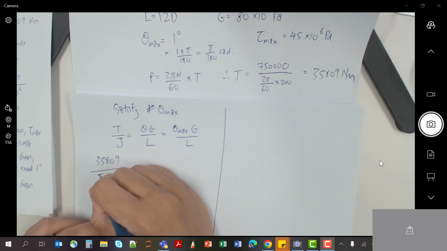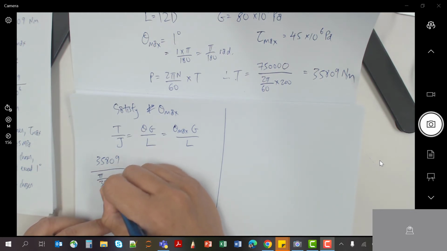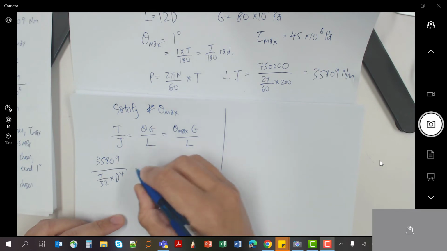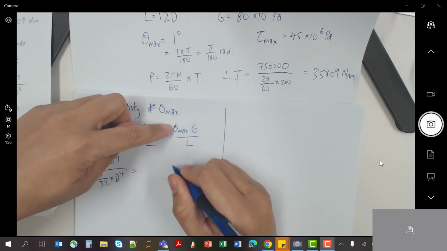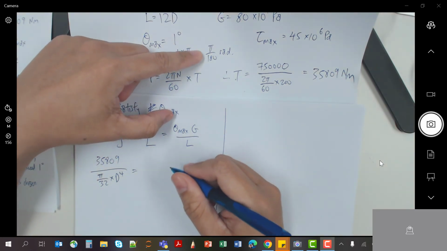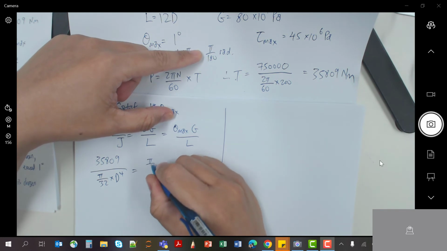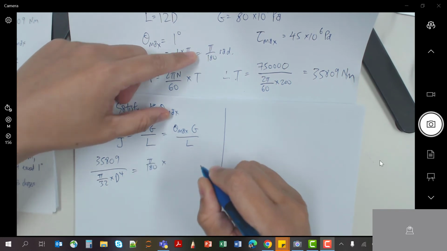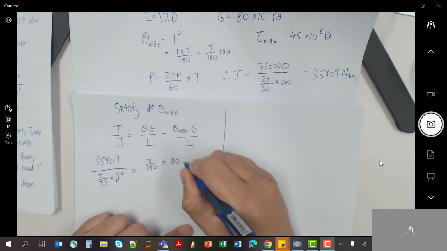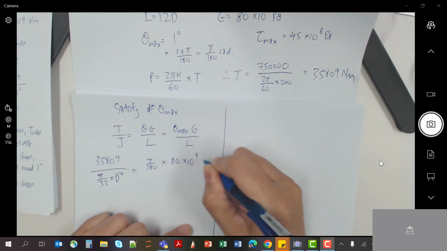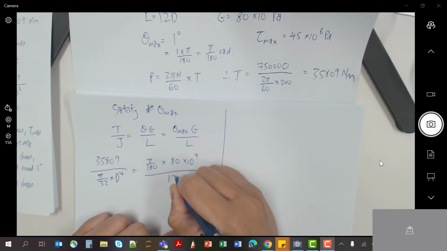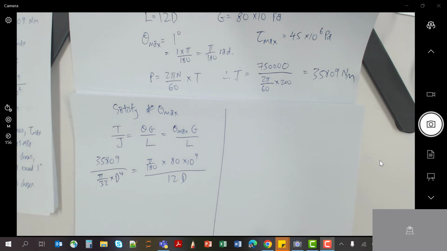J is pi over 32 times d to the power of 4. The maximum angle is pi over 180. G is 80 times 10 to the power of 9. L is 12 diameters.